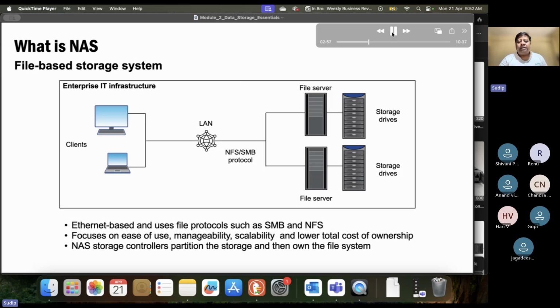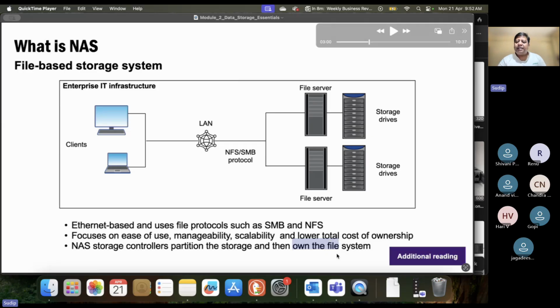Okay. In this one, you see this sentence at the top. The NAS storage controllers partition the storage and then own the file system. That's the most important part of this entire thing. Okay. NAS owns the file system.